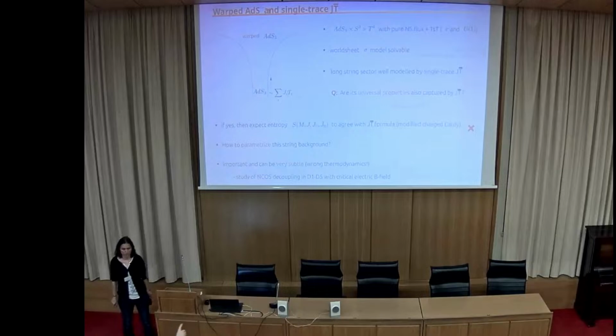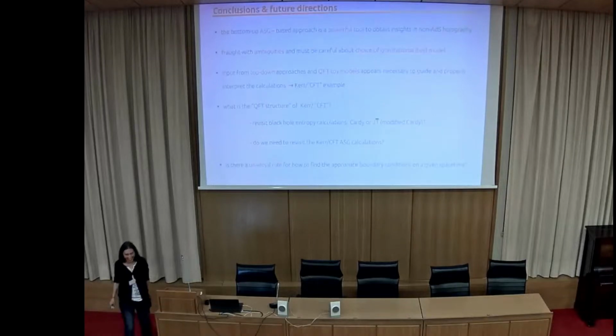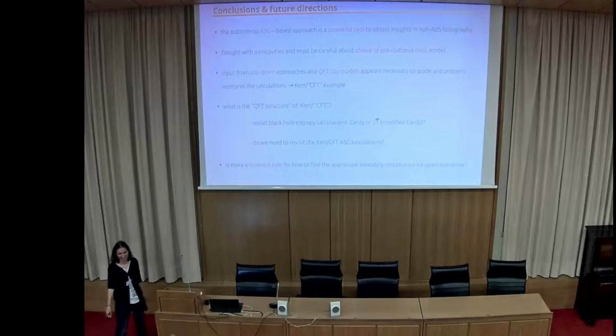So I guess, in the last question that you posed there, I would expect you to have an idea. I was just going to ask, do you also take into account the constraints that come from the quantization of the bulk theory? That would impose some constraints on the possible boundary conditions.